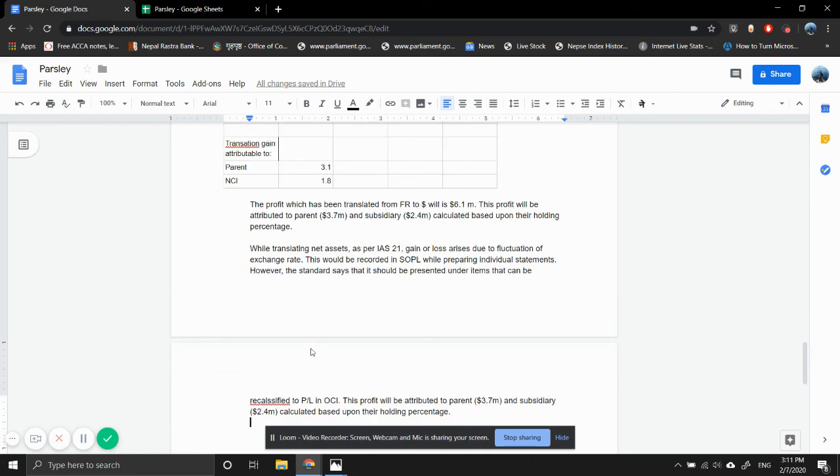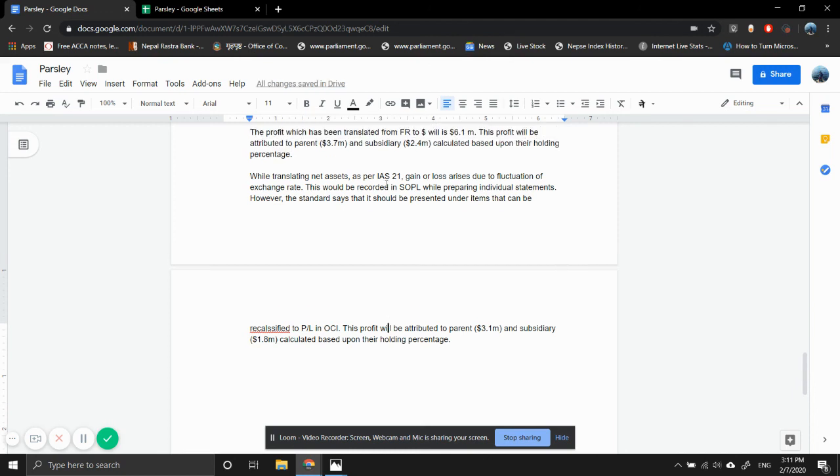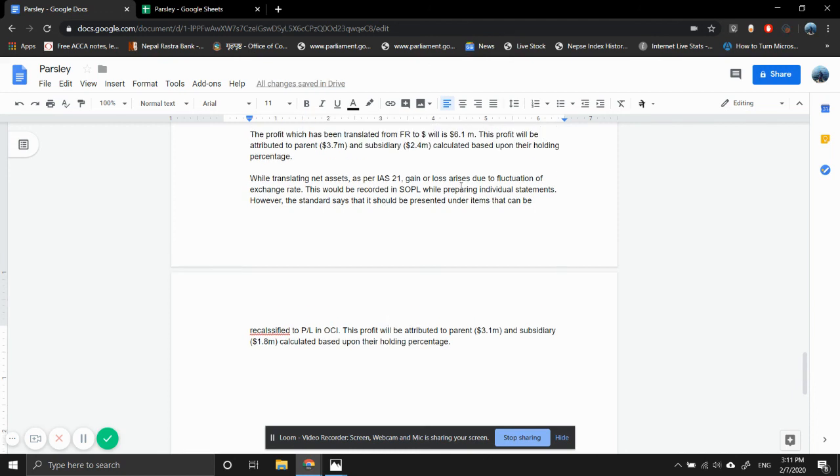So 3.1 and 1.8. So in individual financial statements, it's always different, okay? Always remember that. In individual, we take it directly to SOPL, whereas in case of consolidation, we actually take it to OCI. So there is a difference between that. That's why I've written it down, so that it'll be easier to remember.